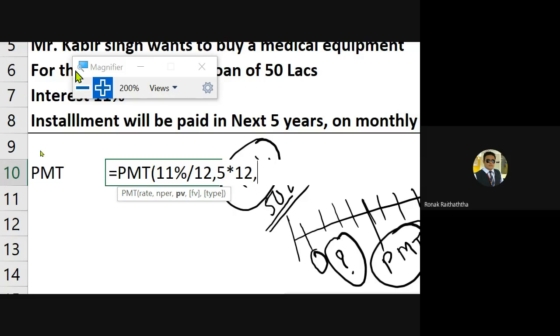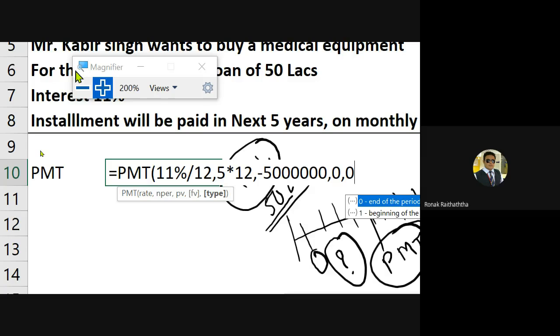Very true. So that would be 50 lakhs in minus 1, 2, 3, 4, 5, 6, comma. FV we do not have, so let's put 0, comma. Type, वो कब पे करने वाले हैं, नहीं दिया हुआ है. If it is not given, we would assume that it's an ordinary annuity, so at 0.